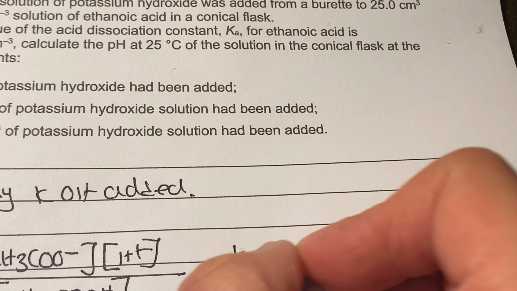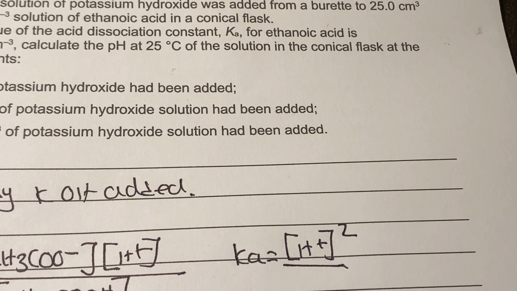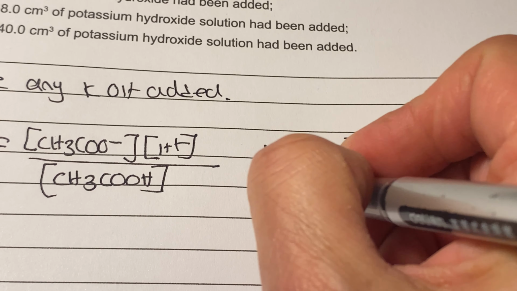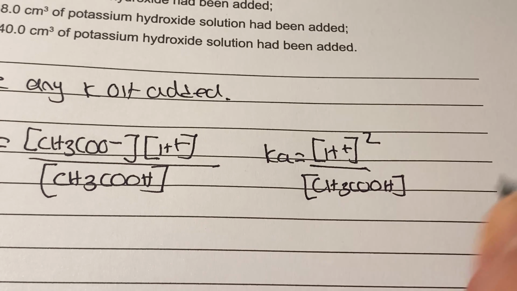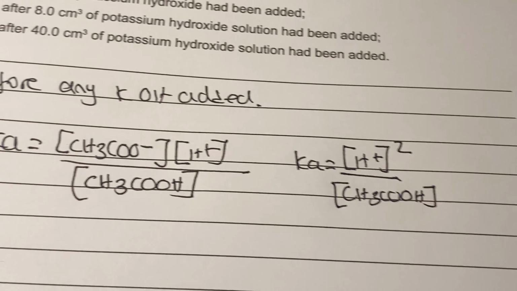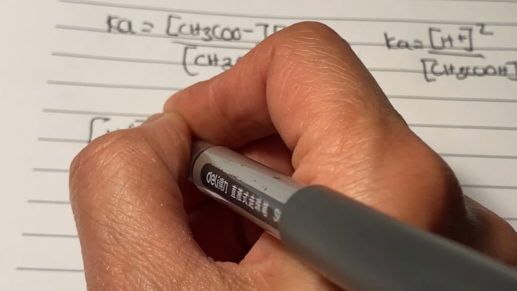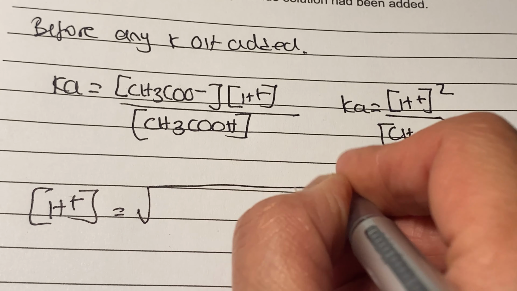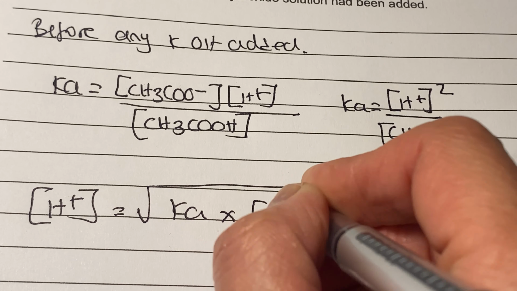So you change this first of all, because it's a weak acid, to [H+] squared, because they're both the same amount. So you can represent it like that, divided by the concentration of weak acid. So if you rearrange this, you end up with the concentration of H+ ions equals the root of Ka times the concentration of your acid.